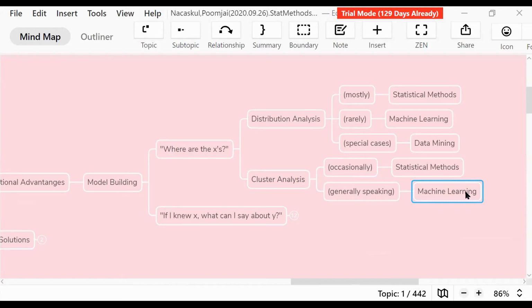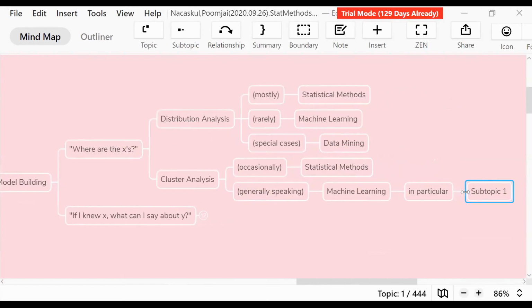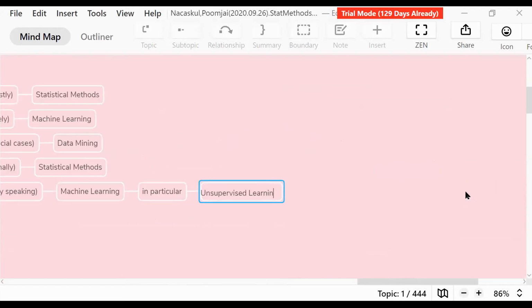Because it looks like what babies learn when they try to put things together without being told what the right answer is. So the kind of machine learning, I just put it in particular, unsupervised learning.